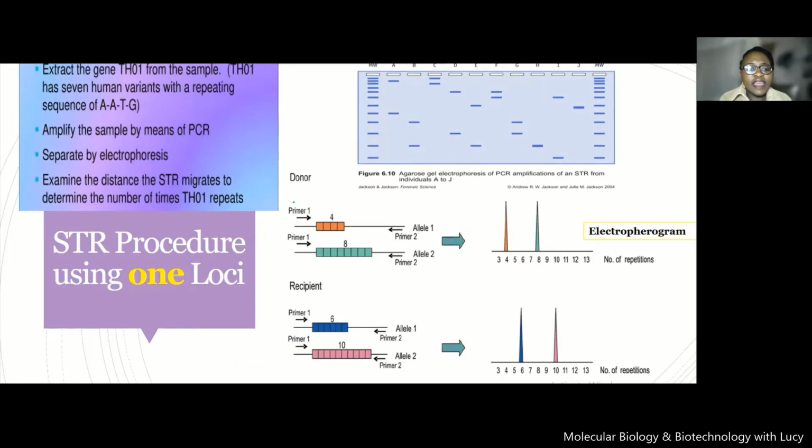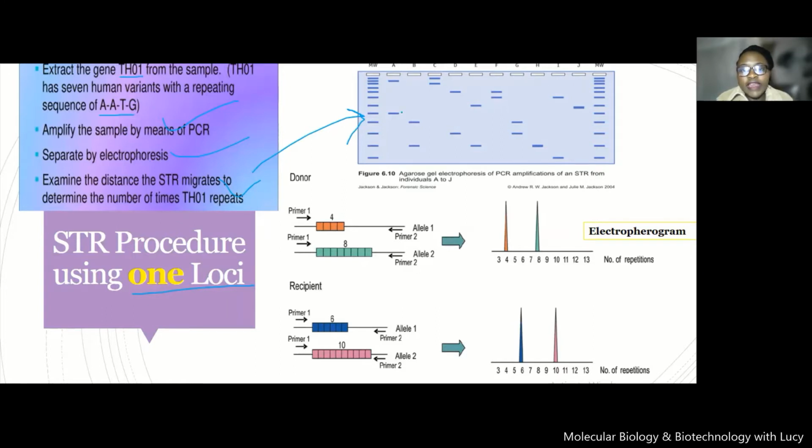The process again: there is a way you can just use one loci. For example, in this case, you extract the gene TH01 from your sample, and this has the repeating variants of AATG. Then of course you amplify using PCR, using primers that will target this region. Then separate by electrophoresis, run the gel, and observe how the separation has occurred of the two or one.